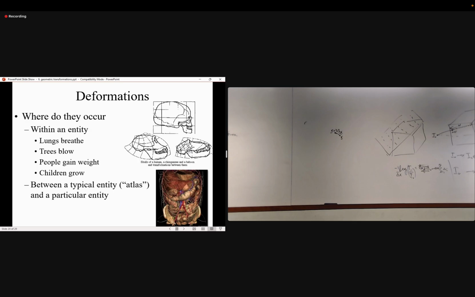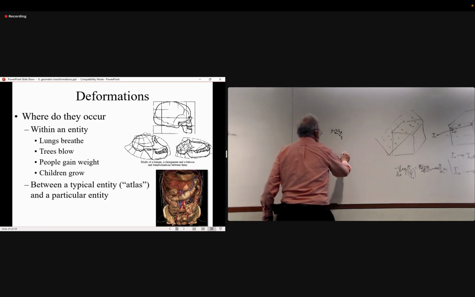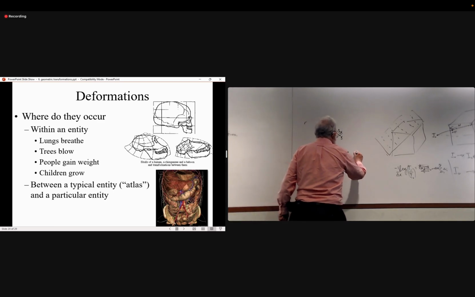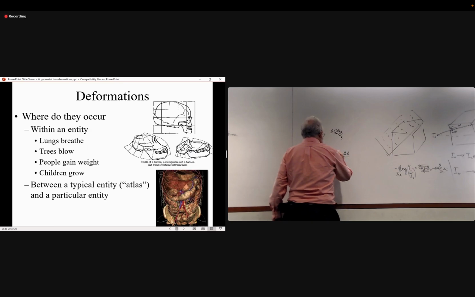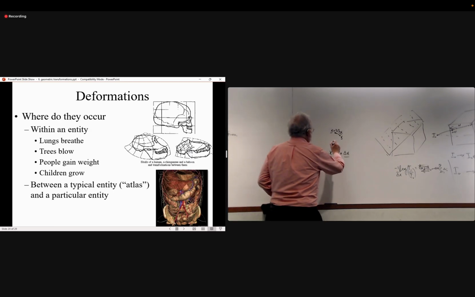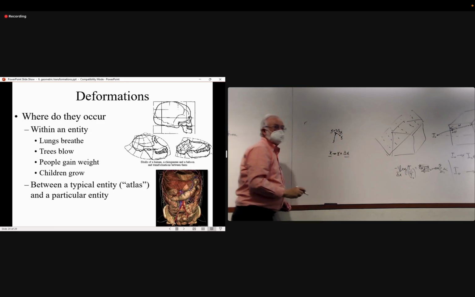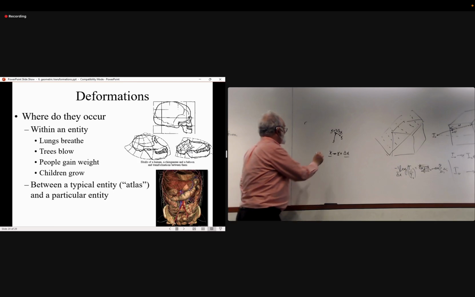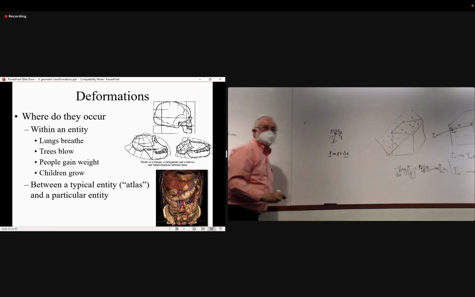As long as this mapping from x, given these displacement vectors delta x, is 1-to-1, that is to say, it is not the case that some other x also maps onto the same place. Don't want to have that.